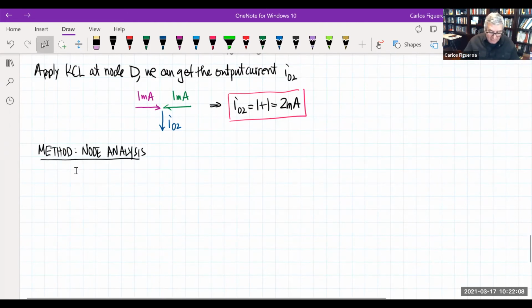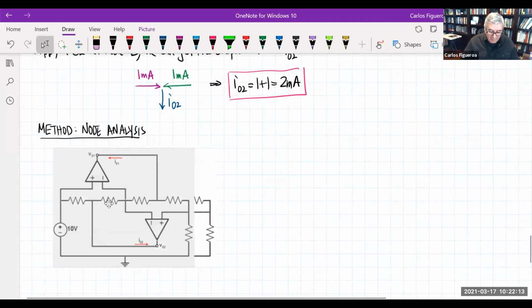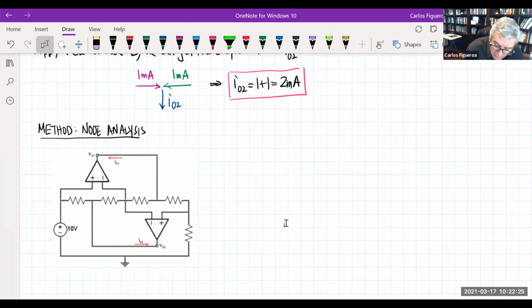So let me see if I can paste this circuit back into here. Okay, good. So what do I know here? Well, when I look at this, if I stick to the same color scheme, I can't write a node equation for this guy, and I can't write a node equation for this guy right here.